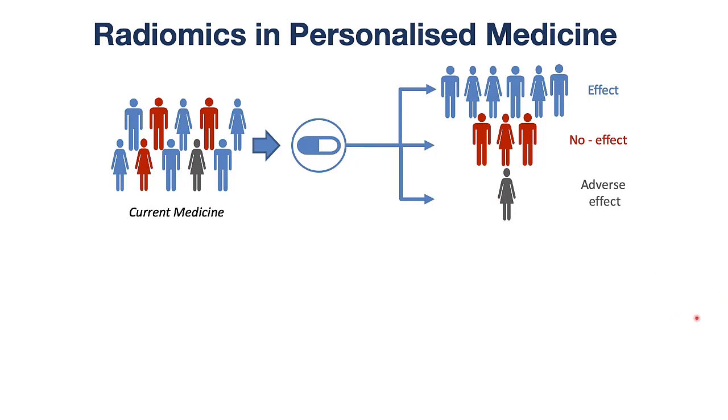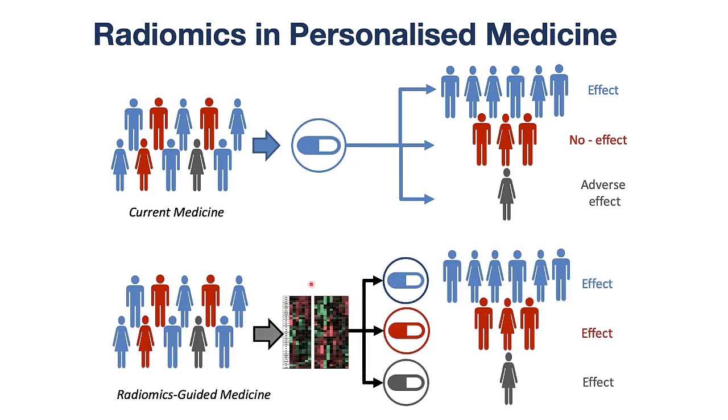Now, for radiomics and personalised medicine, the concept is to use the radiomics to select the patients for the treatment that is most beneficial for them. So in this case, the blue patients will still get the blue pill, and the red patients now will have a different treatment which will be effective for them where it was ineffective before, and the patient who had adverse effects previously would have a treatment again which will be beneficial.